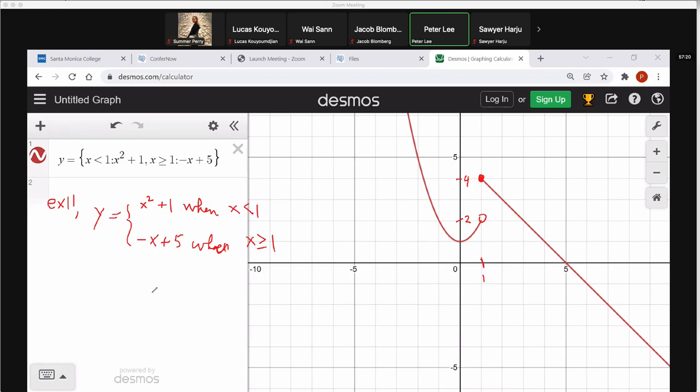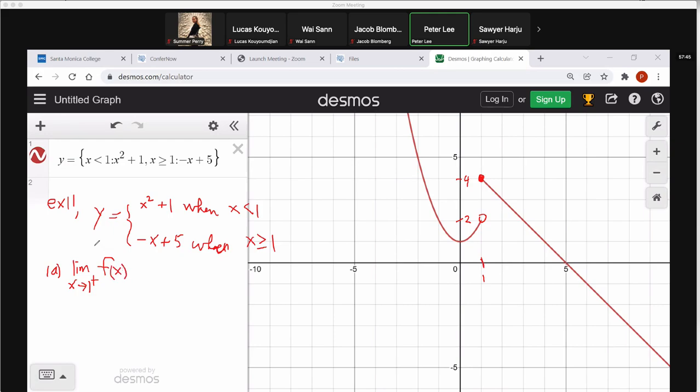So now, what is the question here? What is the limit? The one-sided limit. Part A is the limit as x approaches 1 from the plus side of f of x.